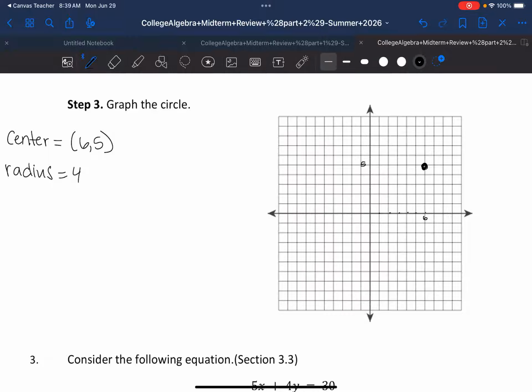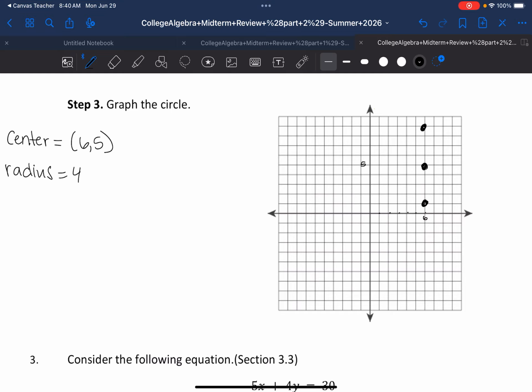And then I use my radius of 4 to count outward 4 spaces from the center by going up, down, left, right. So if I go up, this would be right here. That's a point on the edge of my circle. If I go down, it would be right here. That's another point on the edge of my circle.